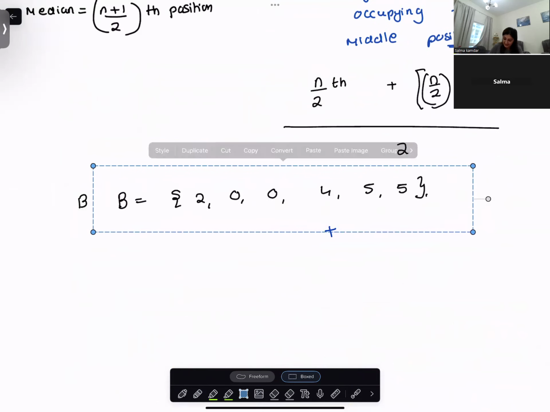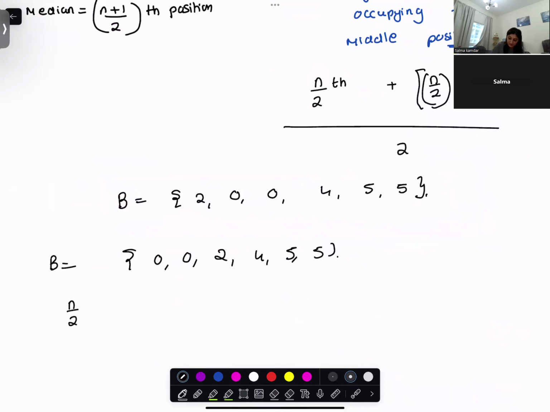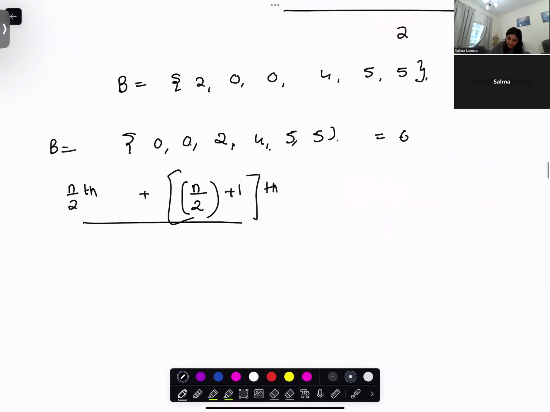This is my data set B. The first thing that I would do is arrange this properly. So B would be 0, 0, 2, 4, 5, and 5. Now I will take my n by 2th position. Number of observations is 1, 2, 3, 4, 5, 6. n by 2 plus n by 2 plus 1 position, divided by 2.